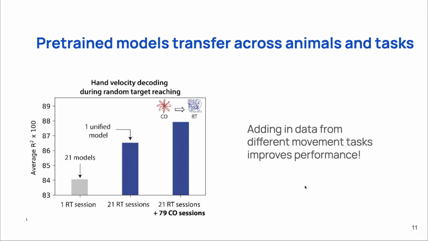Okay, so just to kind of summarize the results, we found that overall, this ability to train on more data was helpful at solving these underlying decoding tasks. In addition, we found that we could actually use data from different tasks and that could improve the performance further.